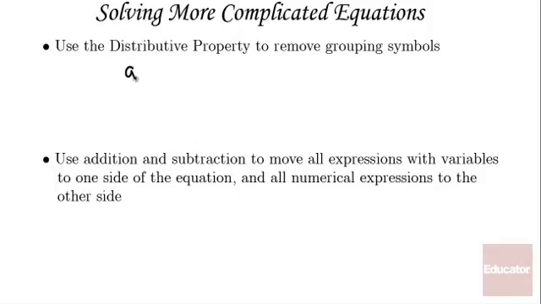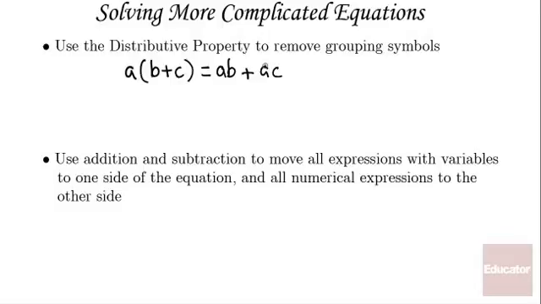Reviewing what the distributive property is, what it says is that if you have A times (B plus C), that is equal to A times B plus A times C. So instead of A times (B plus C), you take the term outside the parentheses and multiply it by each of the terms within the parentheses.